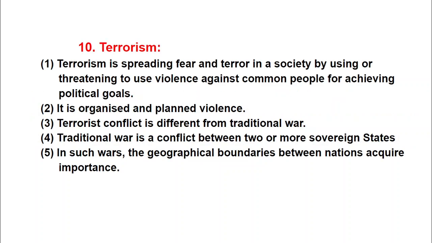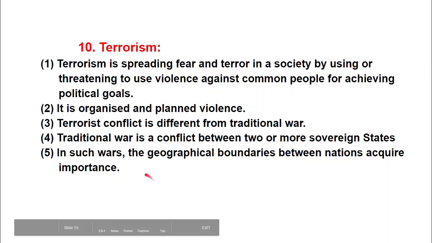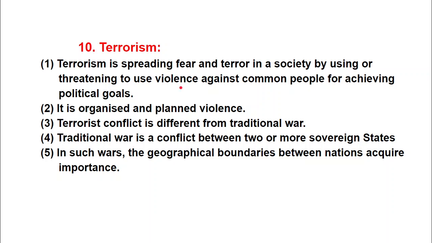Next, terrorism. Terrorism is spreading fear and terror in a society by using or threatening to use violence against common people for achieving political goals. It is organized and planned violence. Terrorist conflict is different from traditional war.